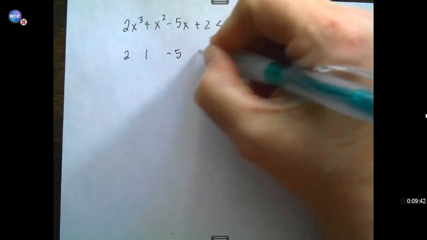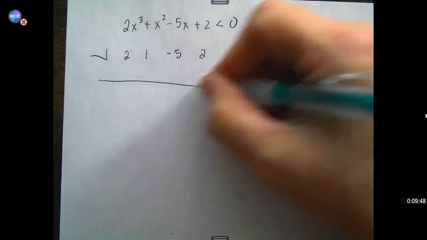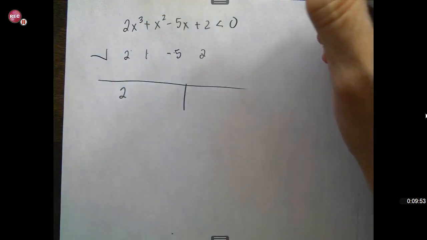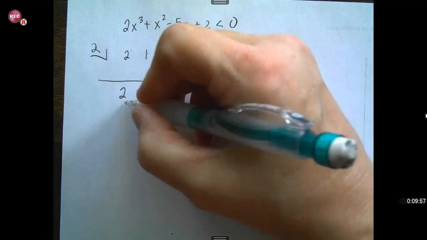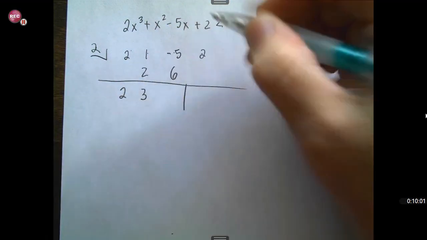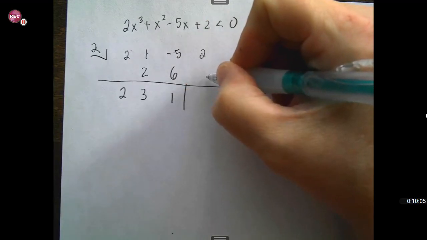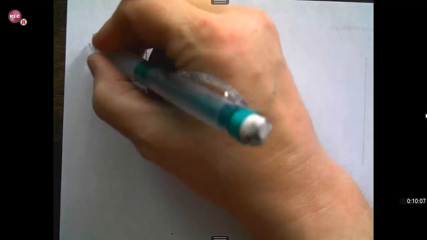Negative 5, 2, 3, 2, 1, 0. And I need the remainder to be 0, right? I'm actually going to try 2. So you bring the 2 down, you multiply, you add. That's 6, that's 1, that's positive 2. So that's not going to work. Maybe negative 2. So bring the 2 down.